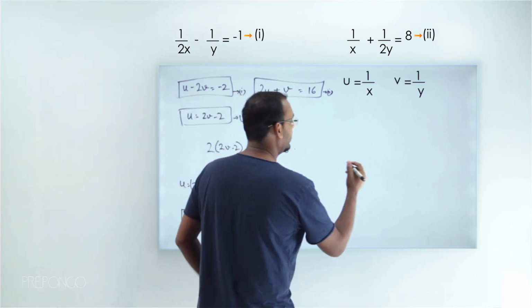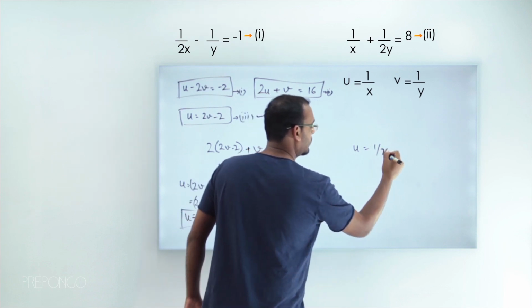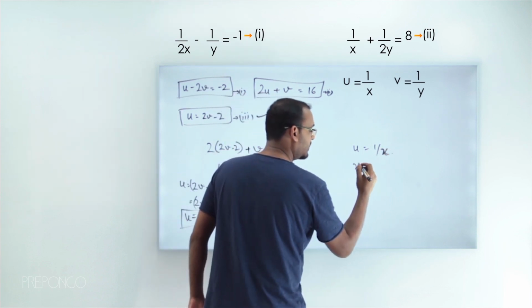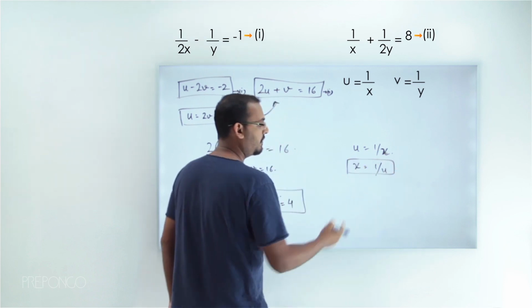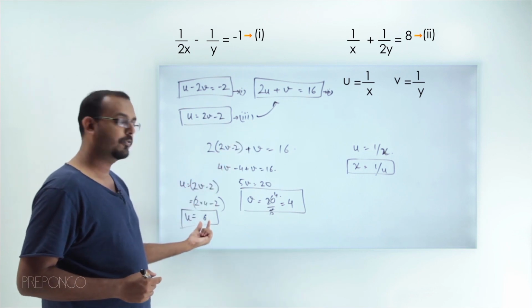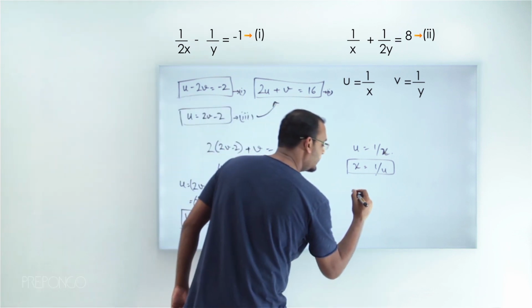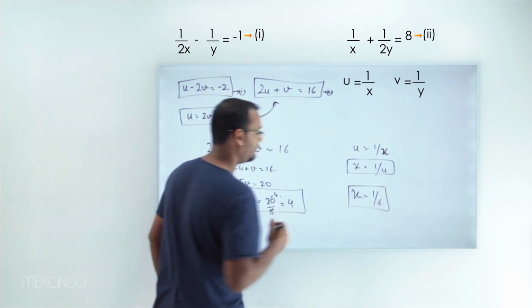So here I can say that u is equal to 1 by x, right? Which gives me the expression x is equal to 1 by u. So if I put the value of u that we calculated from these pair of linear equations, the value of u was 6. So this gives me the value of x as 1 by 6. Right?